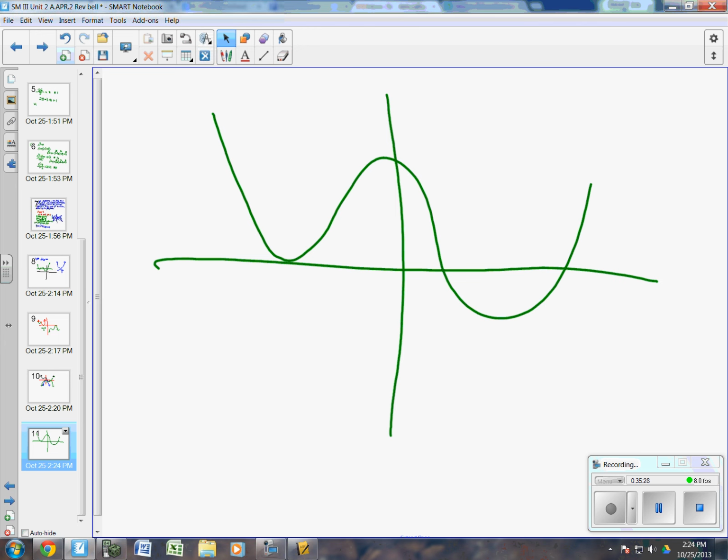That is correct. Because this one has one with multiplicity 2, so that's one root, and then it crosses twice. You guys getting the idea?